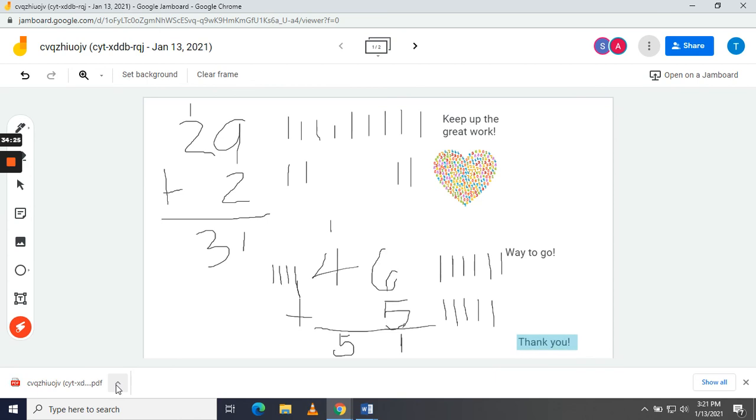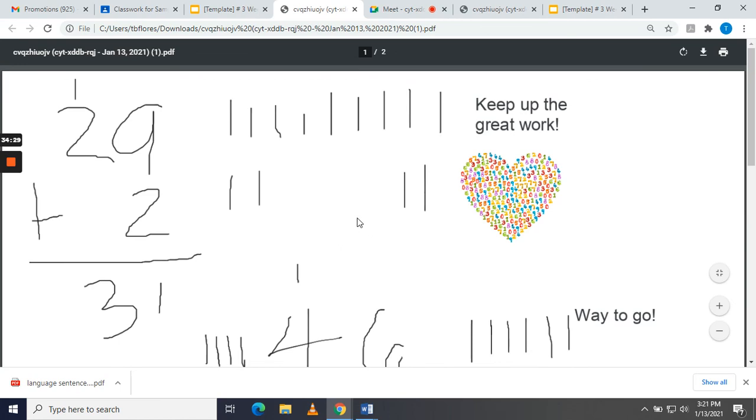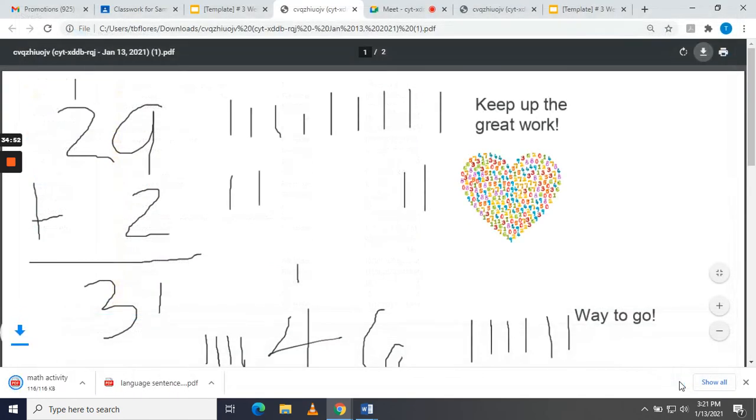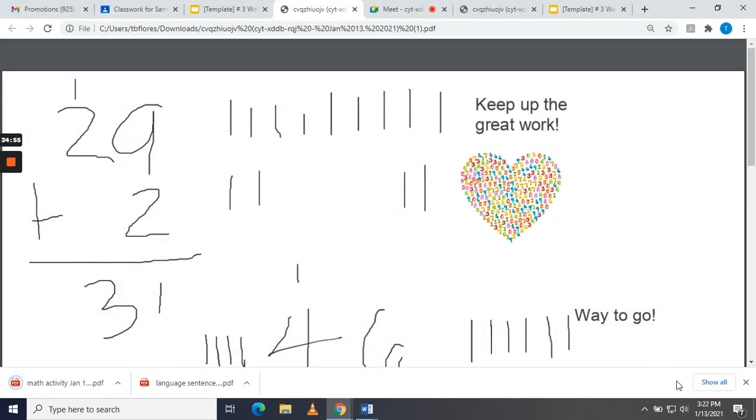And once we downloaded it, we're going to open it up, and again we're going to download it onto our hard drive, and we're going to put math activity, and then that has today's date. Okay, and I can use this for a work sample if they don't have any other student's name, and if it belongs only to 1 student.